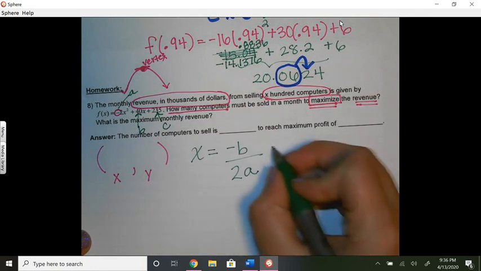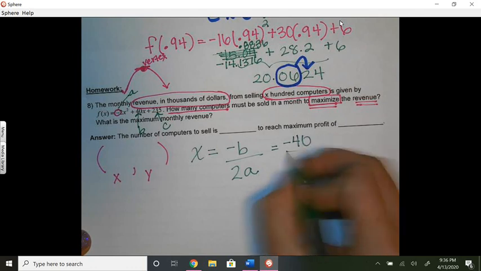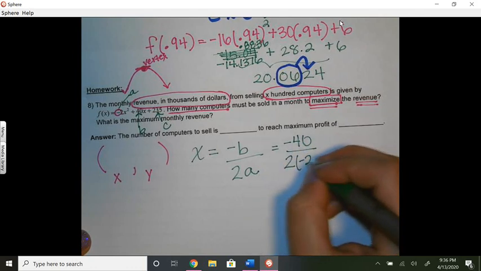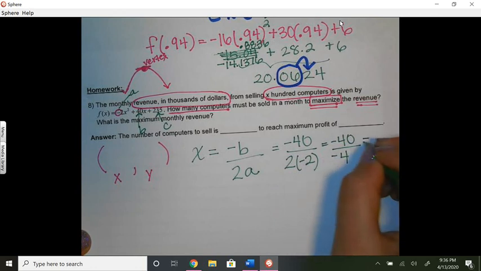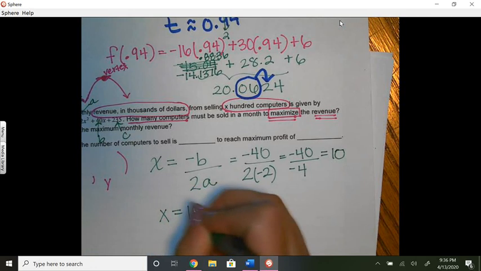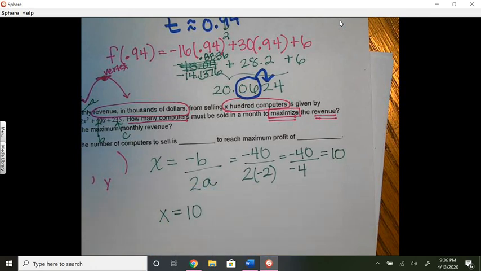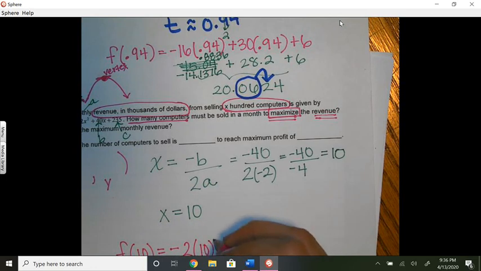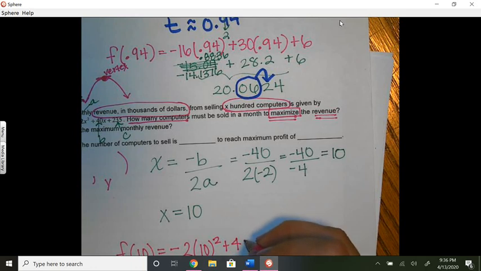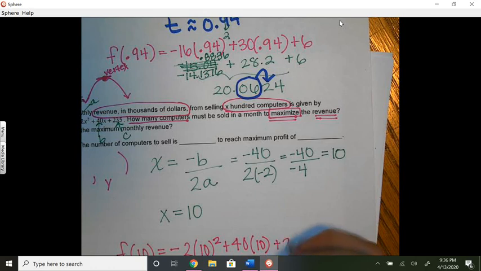So we're going to have negative 40 over 2A, and we get 10. So X equals 10. Okay, so now we're going to go ahead and plug 10 in for X to find what that profit would be, or that revenue would be.